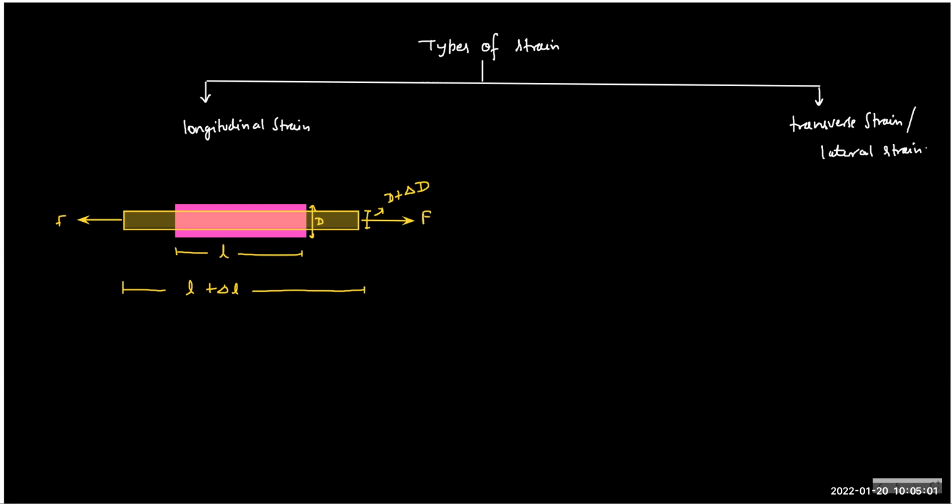Now what is transverse? The deformation which happens normal to the applied force, at right angle. That's why transverse means at right angle. Understood? So the transverse strain or the lateral strain is the strain which is happening in the direction normal to the applied force, at right angle to the applied force. Is it clear?